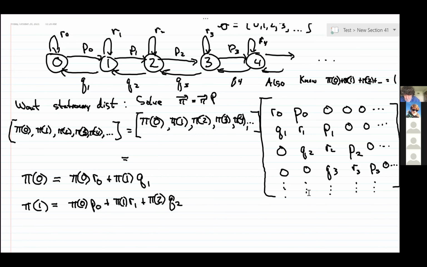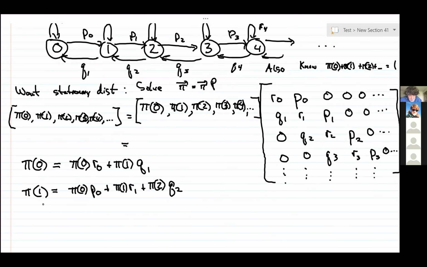Do another one. How would pi 2 look? Pi 2 would be this row vector times the third column. So pi 0 times 0 will be nothing.